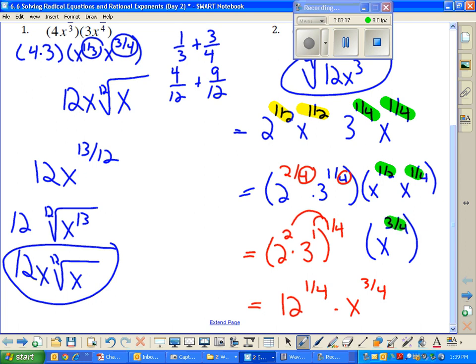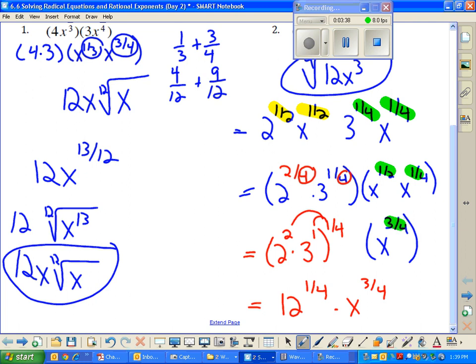Now here's where the rubber hits the road, so to speak, on this particular problem. We had to find a way to simplify 2 to the 1/2 times 3 to the 1/4. Now, Ms. Goldstein and I saw it 2 different ways. I'm going to talk about mine if it's okay, and then she's going to talk about hers.